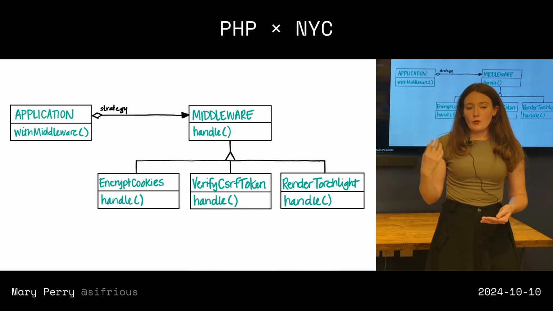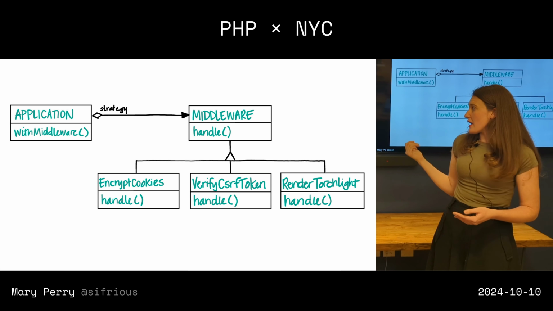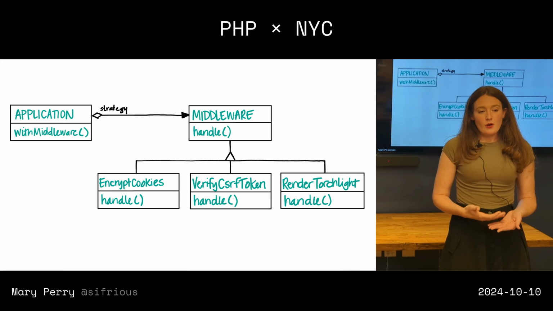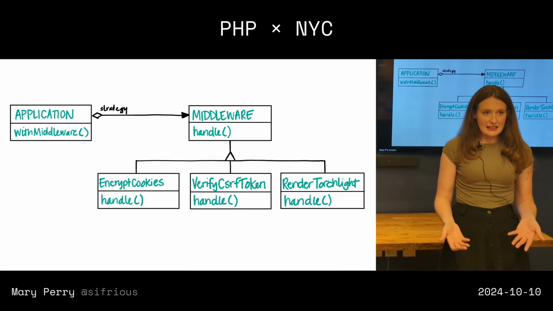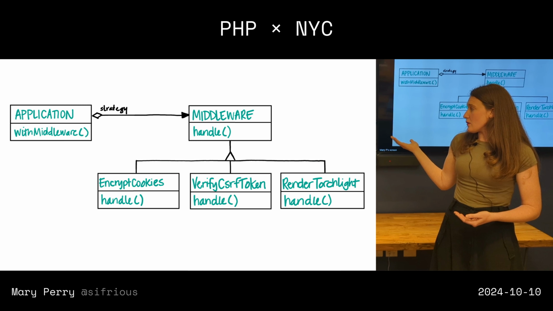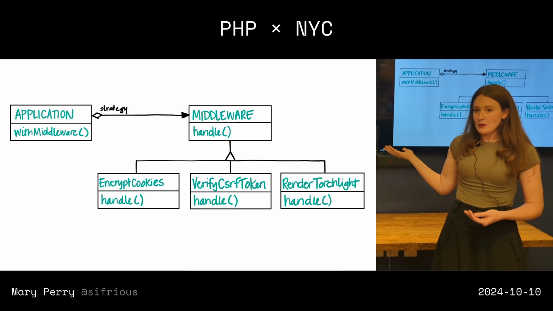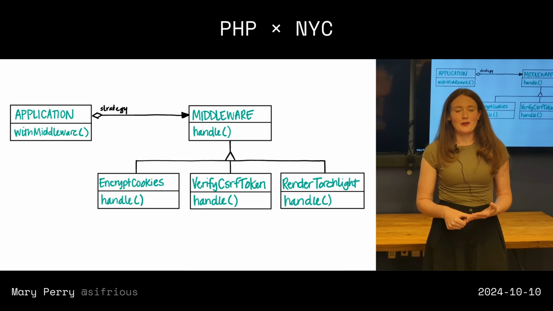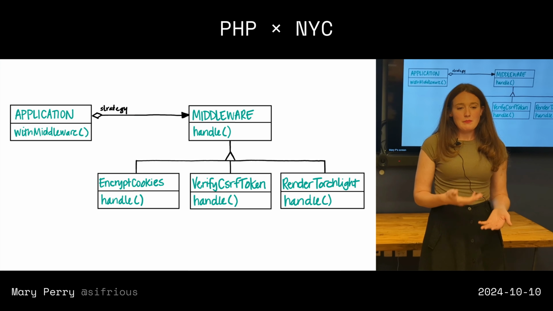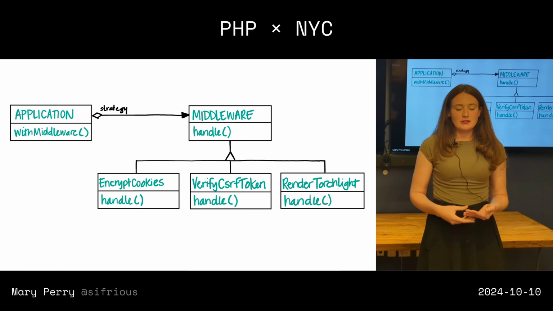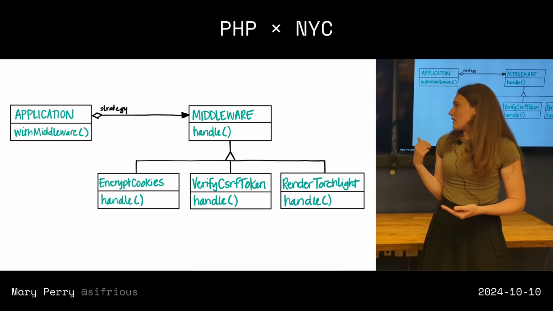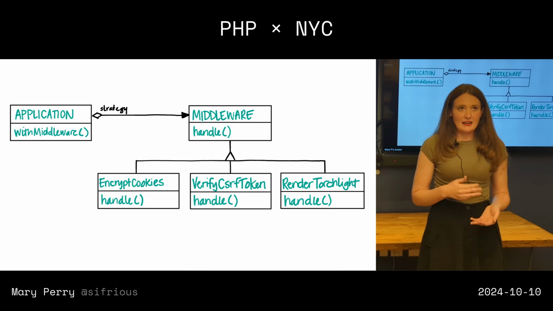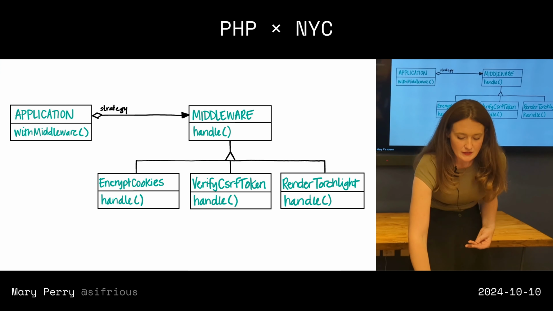But if you are referencing the object not directly by its name, but as a parameter or an object in a list, you can know that you can call any middleware by that handle function, which supports my metaphorical argument that the pipeline is acting a lot like a builder, because all we have to do is call handle on any of those middleware and know that those will be implemented in a consistent way throughout the middleware stack.